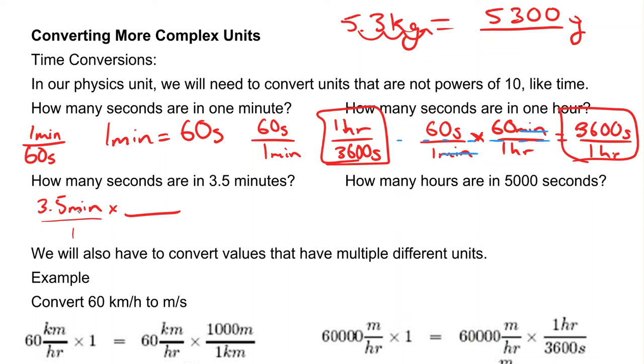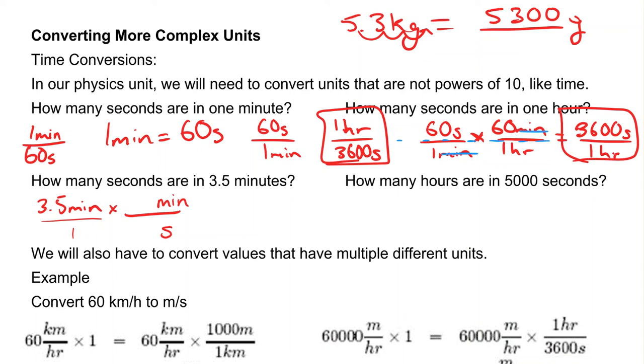So 3.5 minutes times, we want to turn it into seconds. So we need to put seconds somewhere, and we need to put minutes somewhere. If I put minutes here and seconds here, will that cancel out the minutes? Are the minutes on opposite sides of the fraction? Well, I got one on the top and another one on the top.